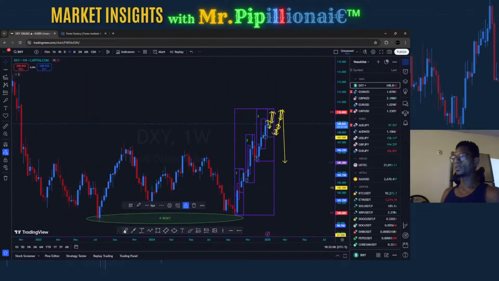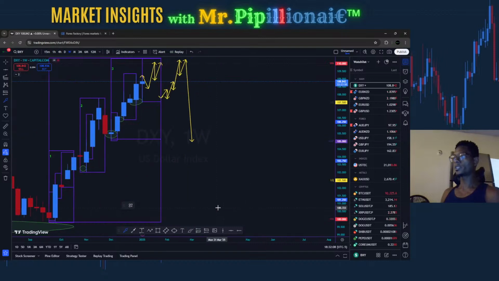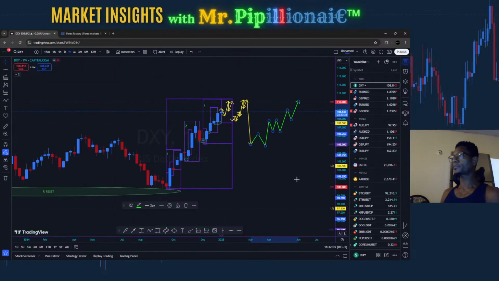So can we actually see something like that happening here where they create a structure like this? Can they create a structure like that, reset, and then potentially create a structure to start to go onto a higher level, right?